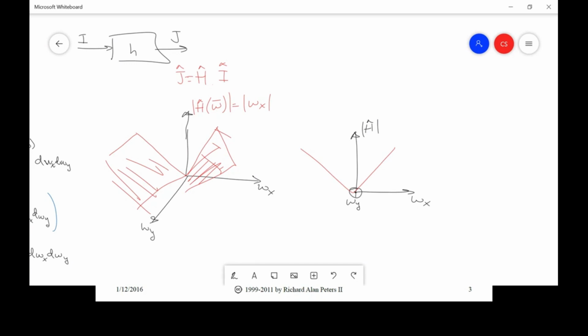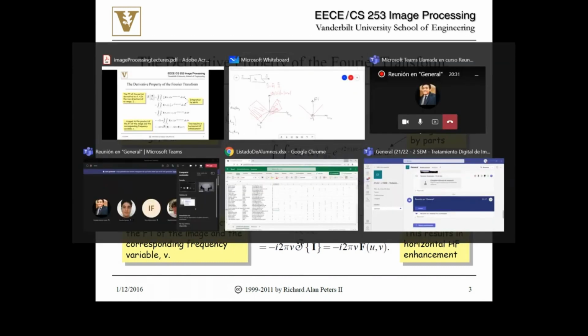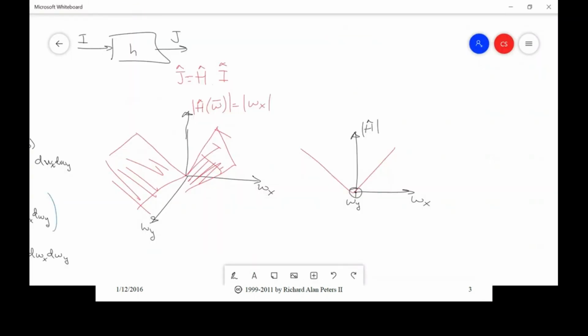This is kind of the same result, only that he's using V and U, which I find confusing because you never know which one goes with which, omega x or omega y. Those are the two frequencies in x and y, and then he's keeping all these constants that we don't care so much about. The important part of the filter is that it grows with the frequency, whether you have to multiply by 2 pi or not. Those are small details.